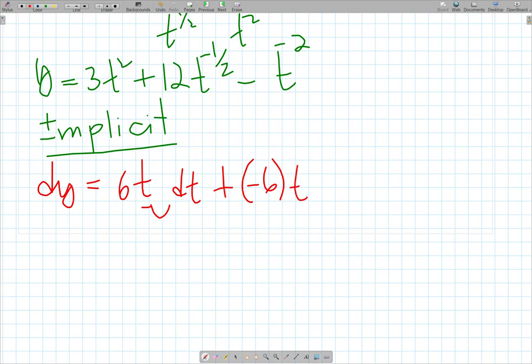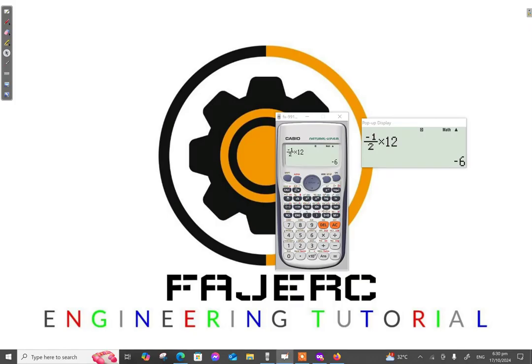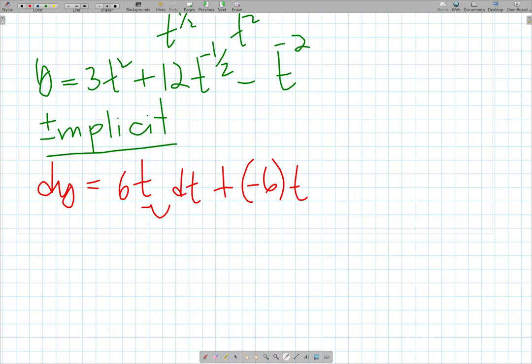So negative 1/2 minus 1, again using calculator, negative 1/2 minus 1 equals negative 3 over 2. So it will be negative 3 over 2.